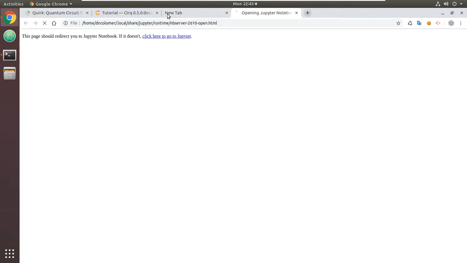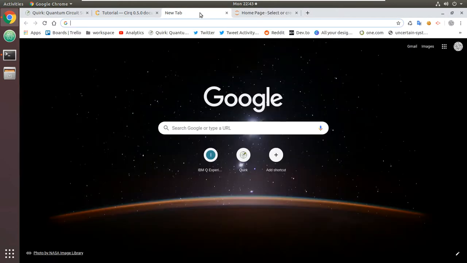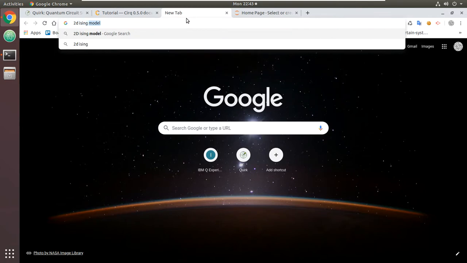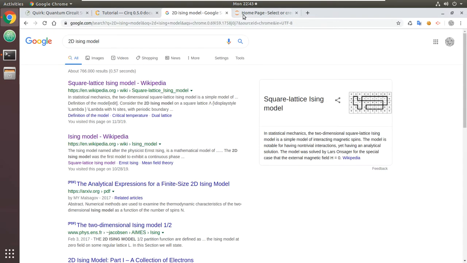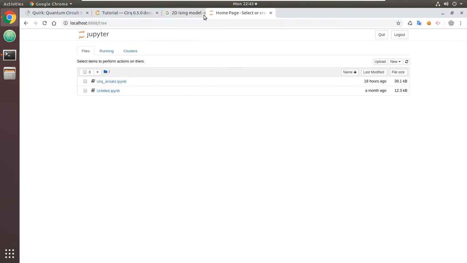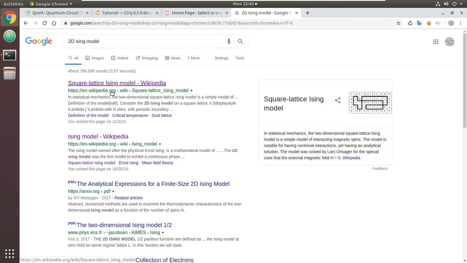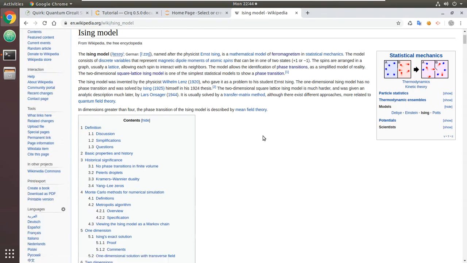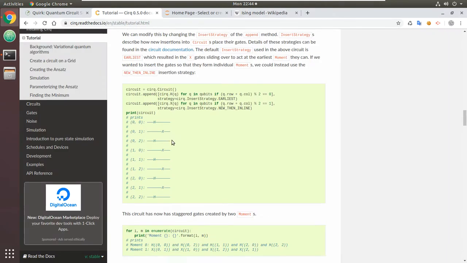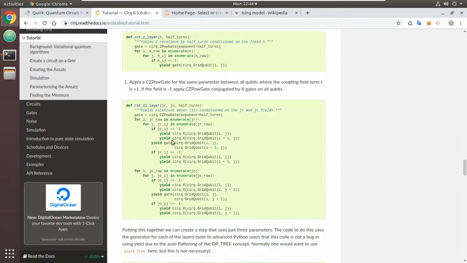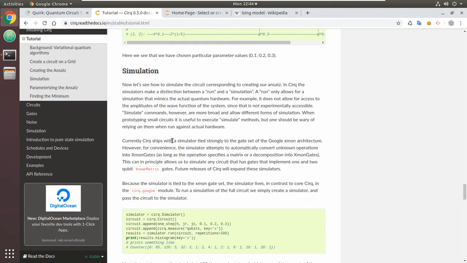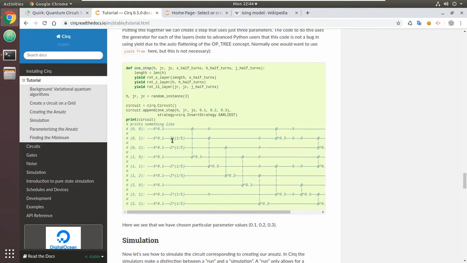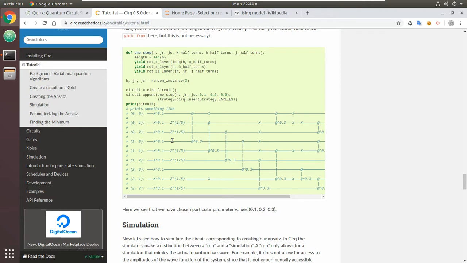That's one thing. Then to the Ising model that we want to have for sure as well in here. Ising model, exactly. So basically what I want to try to understand is how each of the bits and pieces of the circuit really relate to the actual problem shape.